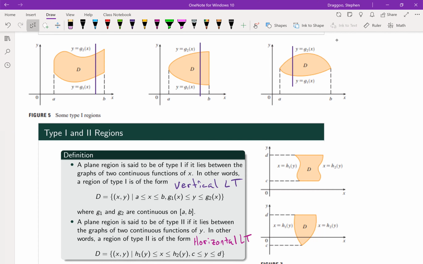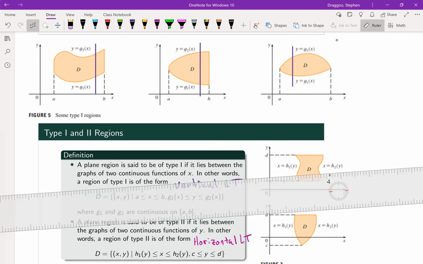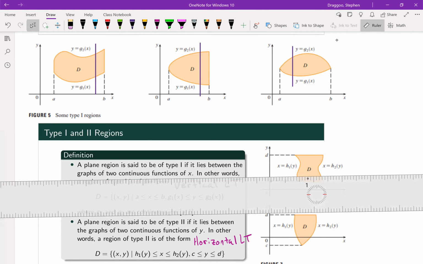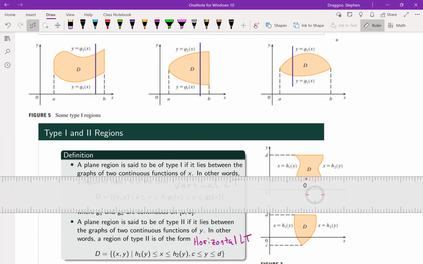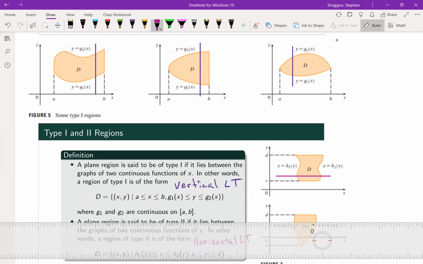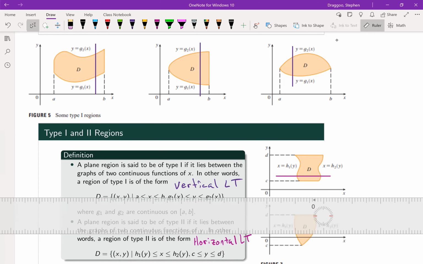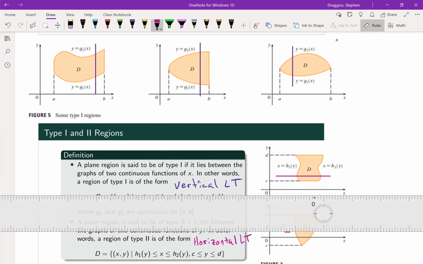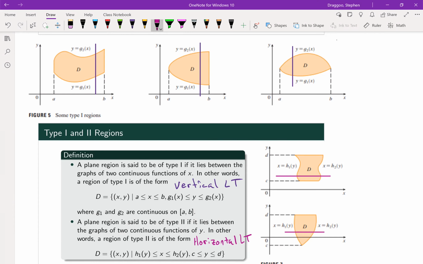I might have just said that backwards: type 1 should pass the vertical line test, type 2 passes the horizontal line test. So if we pull our ruler back out, this time set to 0 degrees, and look at some horizontal lines, we can see that the two figures to the right would both be type 2, and they pass a horizontal line test for both the left and the right boundary.